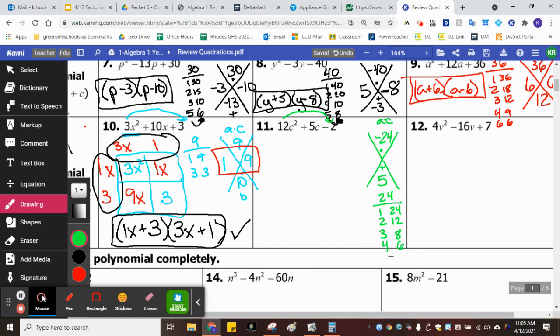And then 5 doesn't work because it gives you a decimal. 6 would be the next number you choose. So those are all your options. So 3 and 8. If you're adding to a positive, you want the bigger number to be positive, so the smaller number has to be negative. And then you do your reverse box with it.